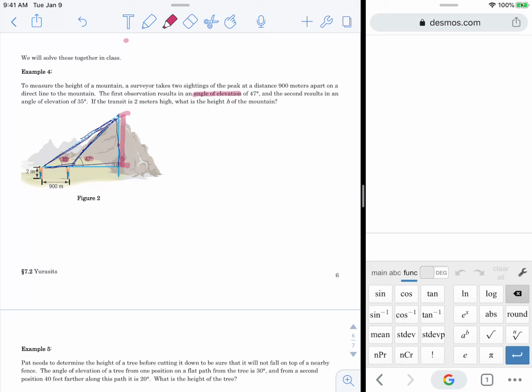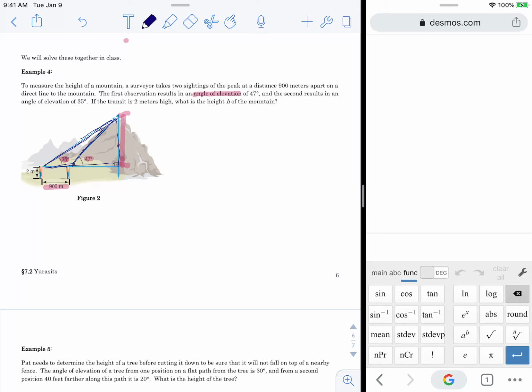So I can't use right triangle trig, what I mean by that is sine, cosine, or tangent, because I'm missing too much information. This is only 900 meters for this obtuse triangle, not for any right triangle. But there are some things I can figure out.